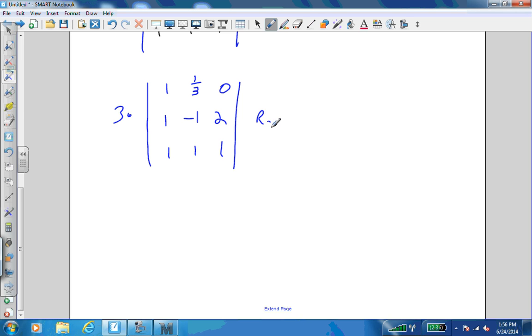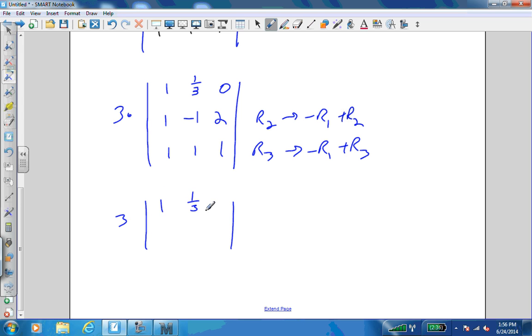So row 2, let's do the opposite of row 1 plus row 2. For row 3, do the opposite of row 1 plus row 3. So the first row stays the same. We're doing minus this plus that, so 0. Negative 1/3 minus 1, that's minus 4/3.